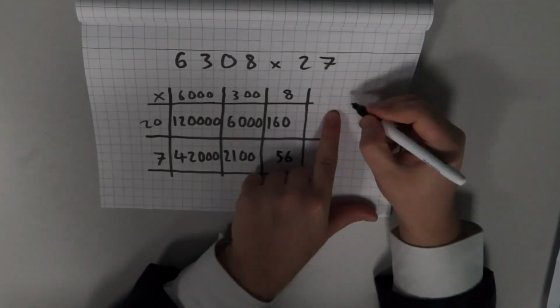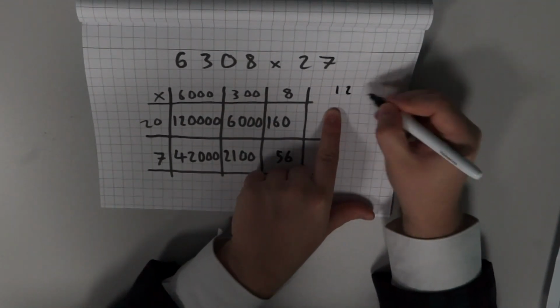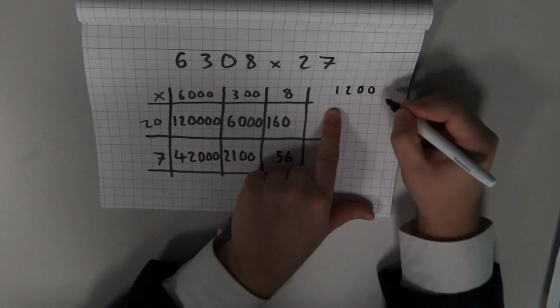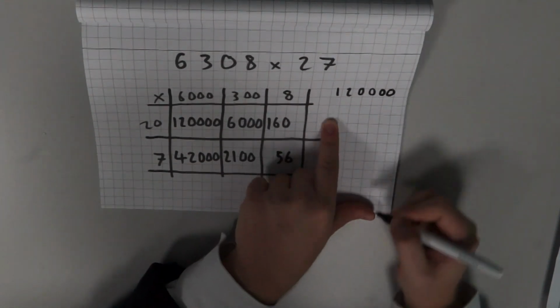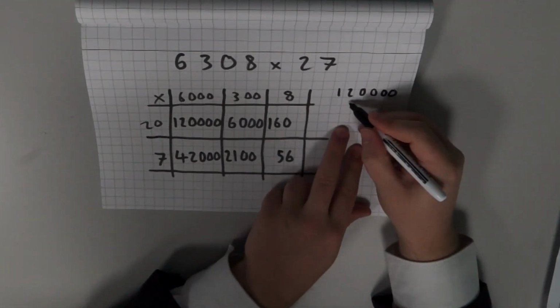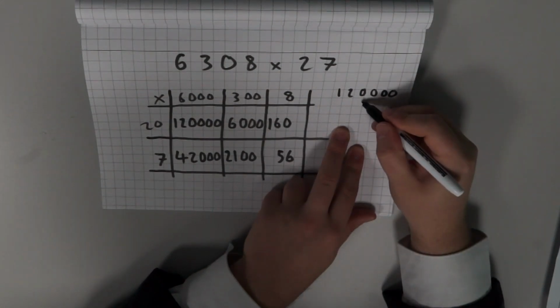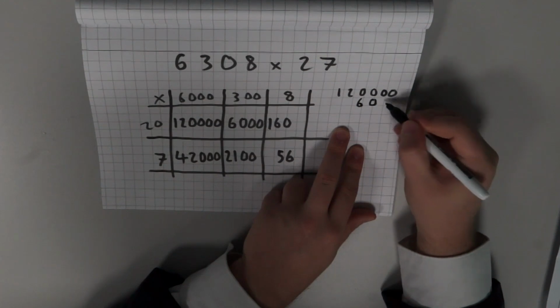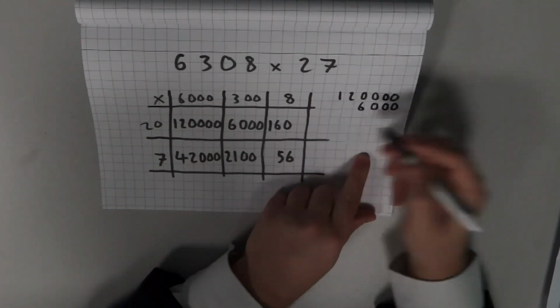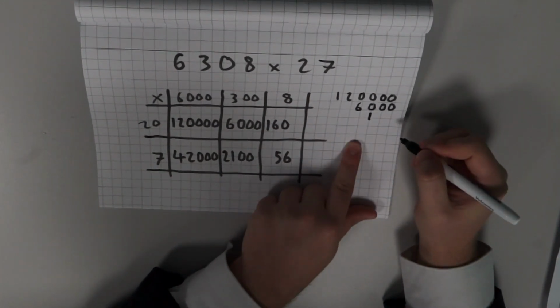So I've got 120,000. I've got 6,000. So my 6, again lining it up so it's all right. There's my thousands column. 6,000 goes there. 160.